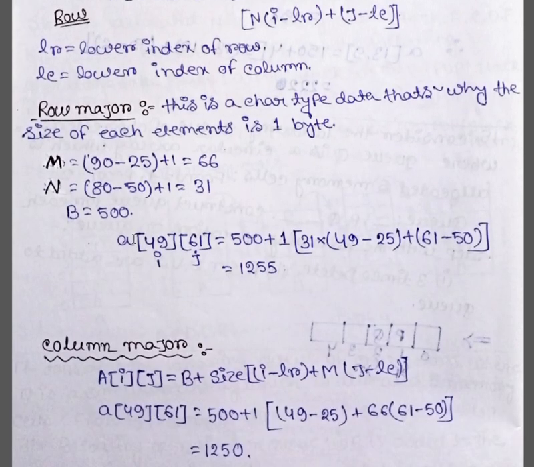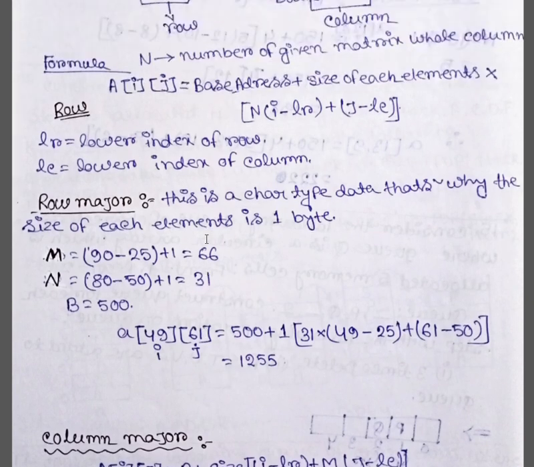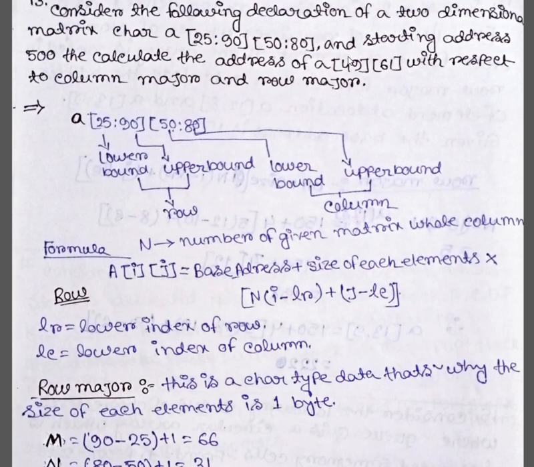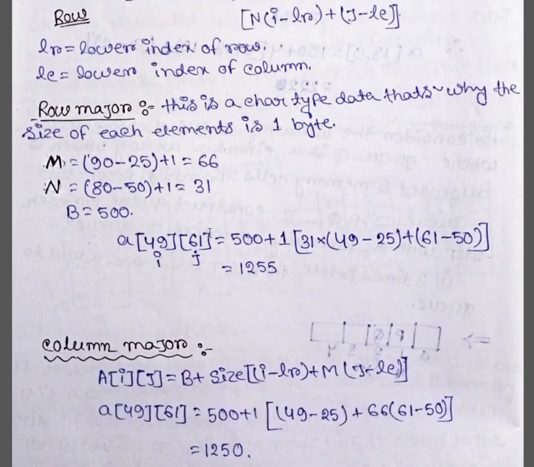According to the row measure formula, and this 4961 is also given in our question. You have to find out the base address, calculate the address for A, 49 and 61, with respect to column measure and row measure. For the column measure, we put this formula and all this information is in the formula.